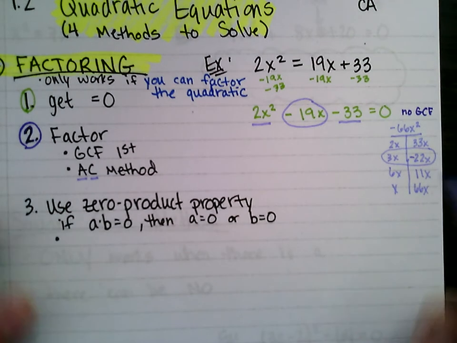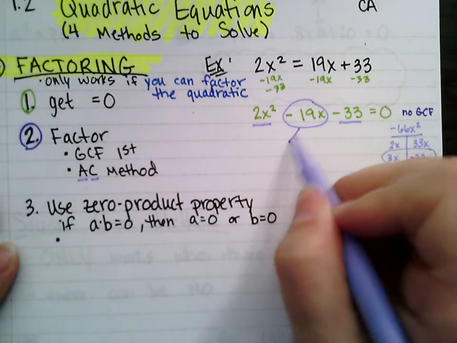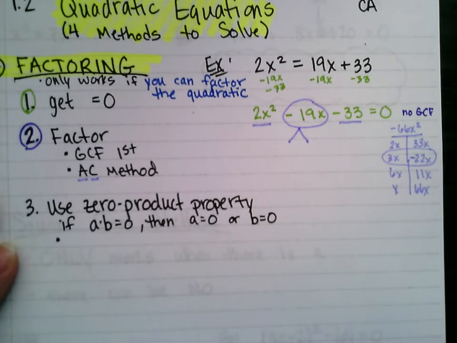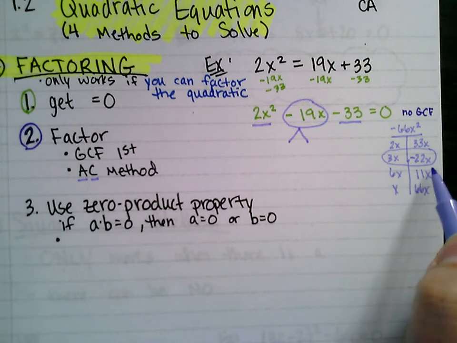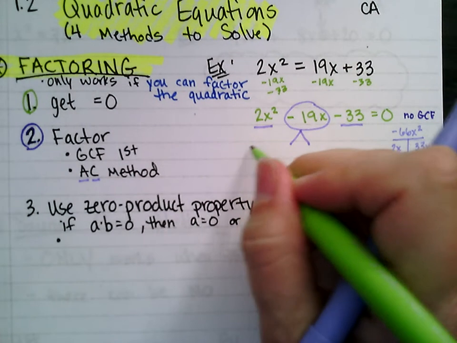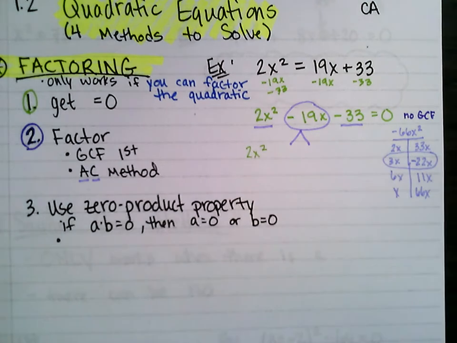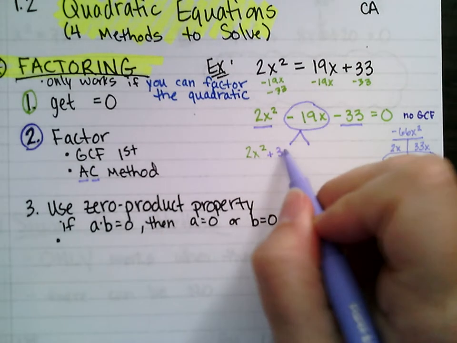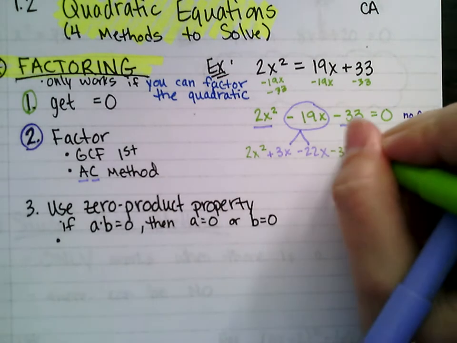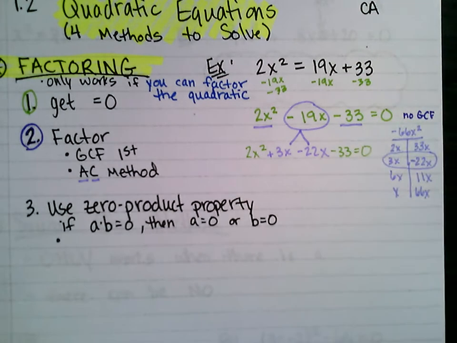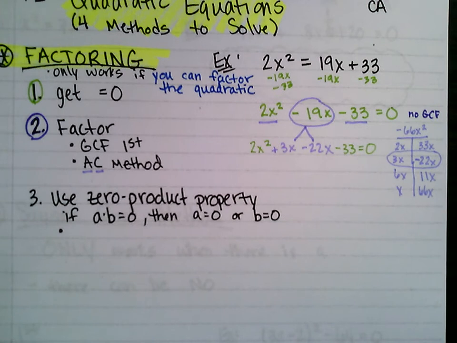So then the next thing I do is I'm going to rewrite this problem, but I'm going to replace the negative 19x with 3x minus 22x. So basically, I'm going to have 2x squared plus 3x minus 22x minus 33 equals 0. So I haven't changed the problem. I've just rewritten that 19.